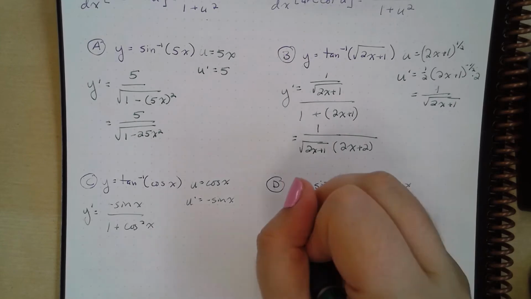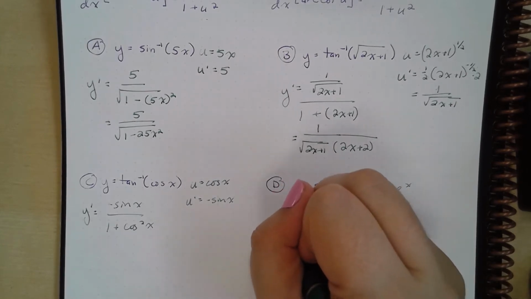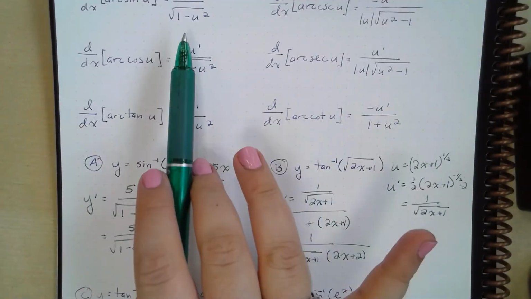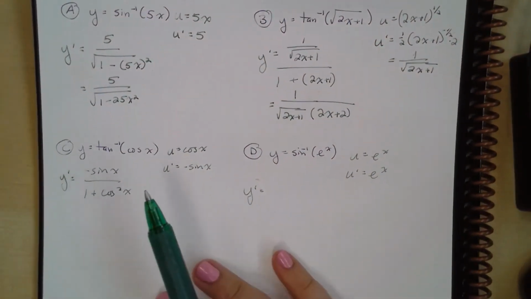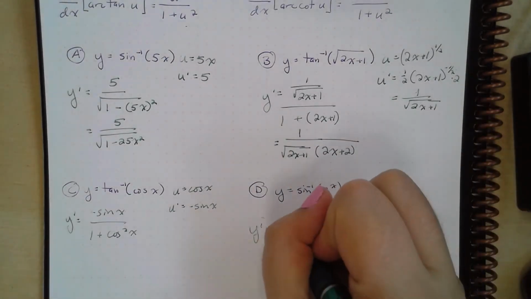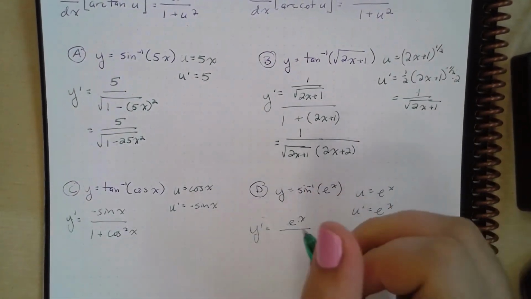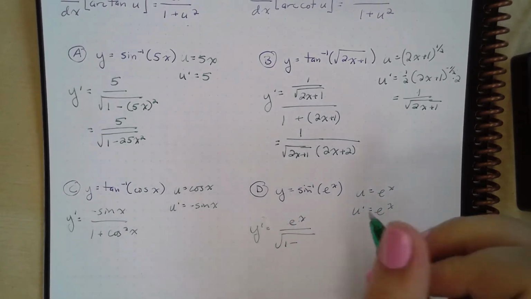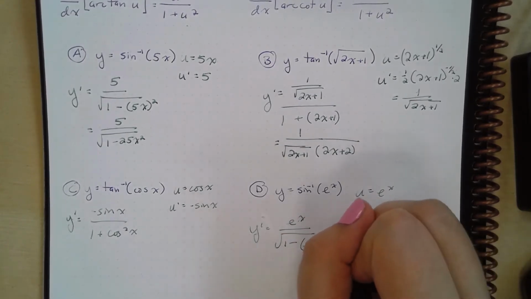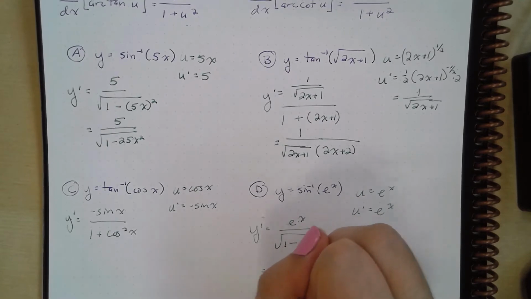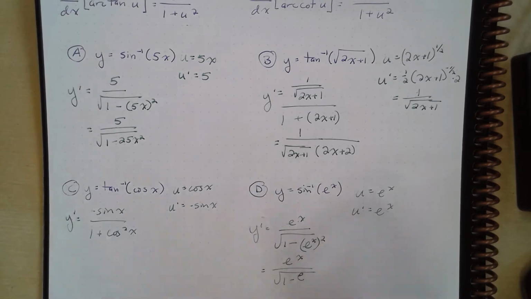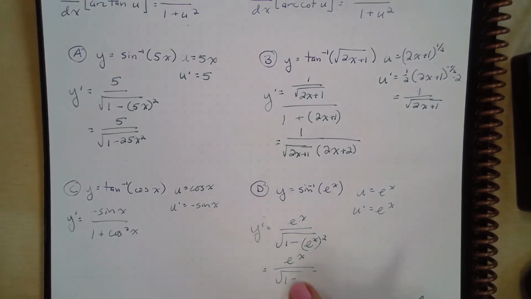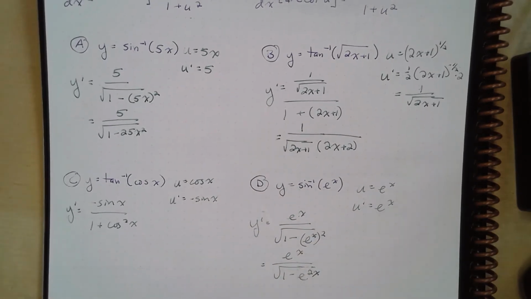All right, so y prime is equal to u prime, e to the x, over the square root of 1 minus e to the x quantity squared, which of course is just e to the x over the square root of 1 minus e to the 2x. Good? All right, so far so good.